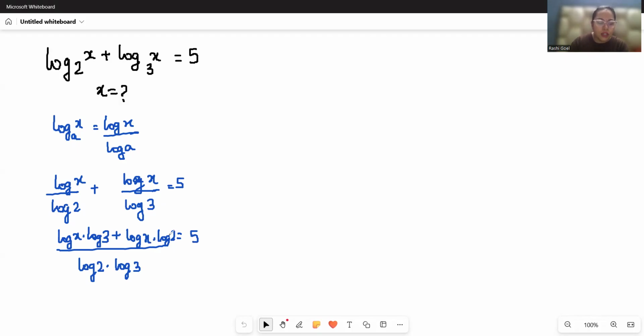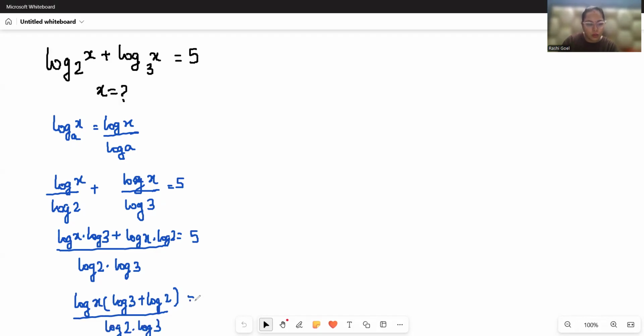Now, in the numerator we will take out the common factor. So the left hand side will become, if we take log x as common, log x times (log 3 plus log 2) over log 2 times log 3 equal 5. Now, as per the log rule, log a plus log b is log of a times b.